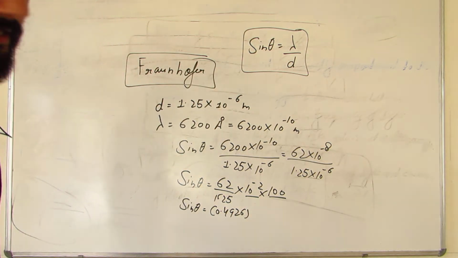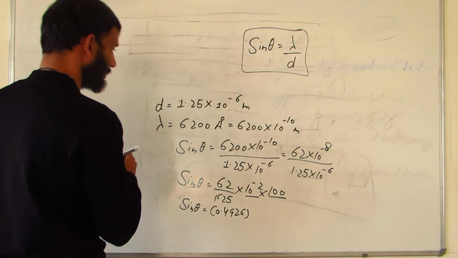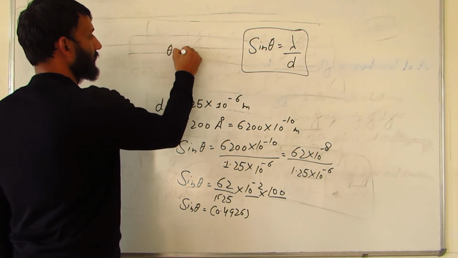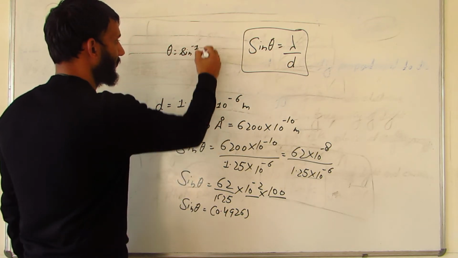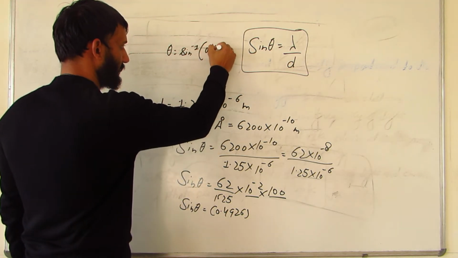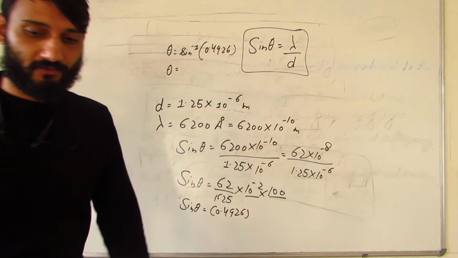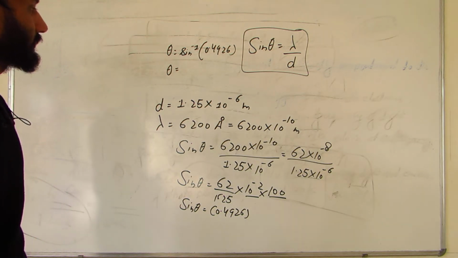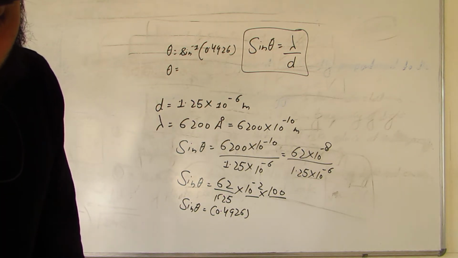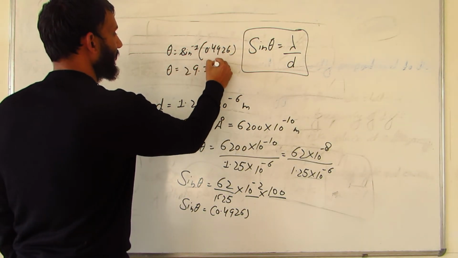Then what will be the value of theta here? Theta will be equal to sine inverse of 0.4926. You are all allowed to use a calculator, and if you solve this using your calculator, theta will come to be 29.7 degree.